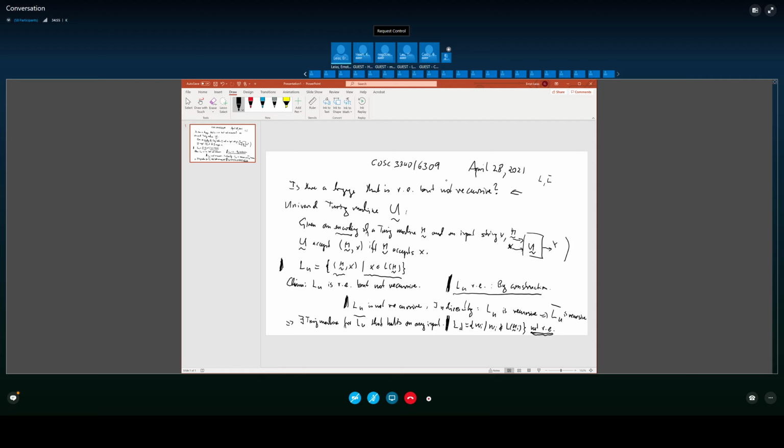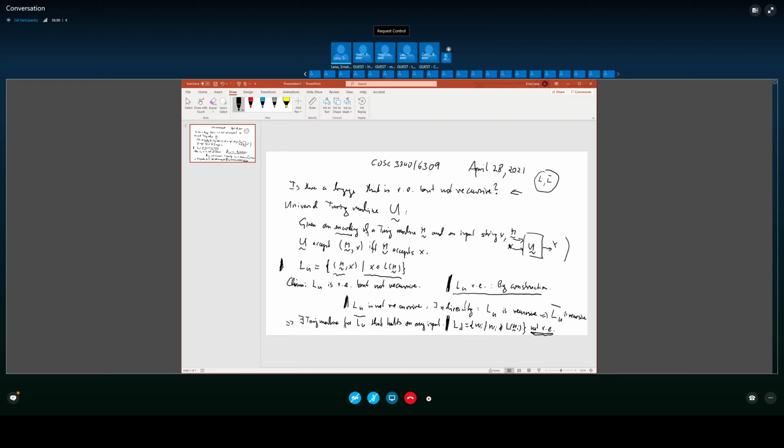L sub U is recursively enumerable, and therefore it cannot be recursive, because if it were, it would create a contradiction to the three cases: L and L complement both recursive, L and L complement both not RE, or one of the two RE but not recursive and the other one not RE.